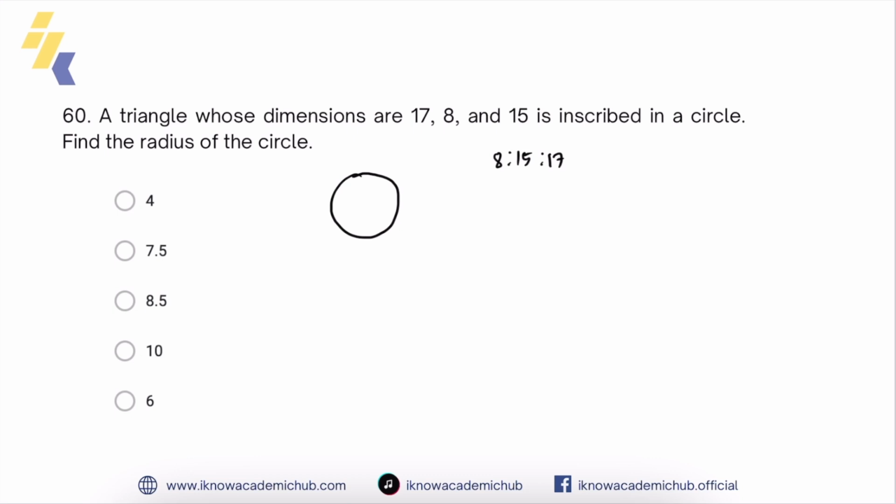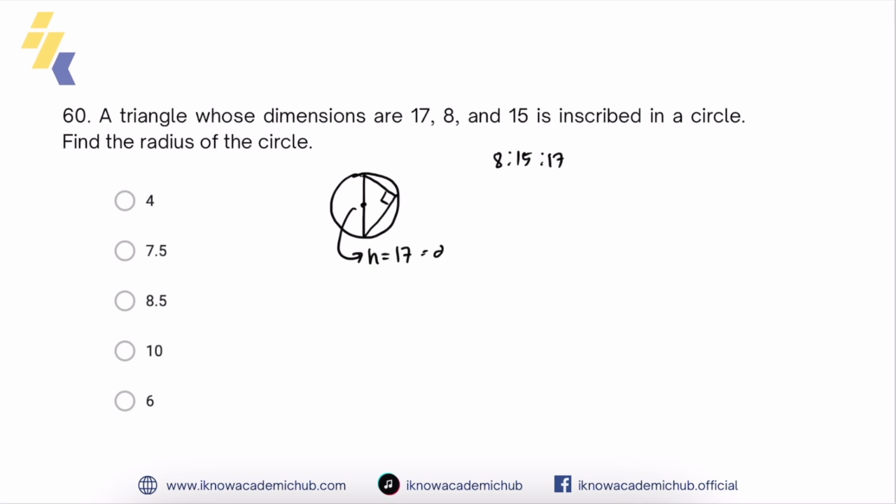So 17 should pass along the center of the circle, and there are two other sides which form a right triangle. So the longest side, or the hypotenuse, is 17.